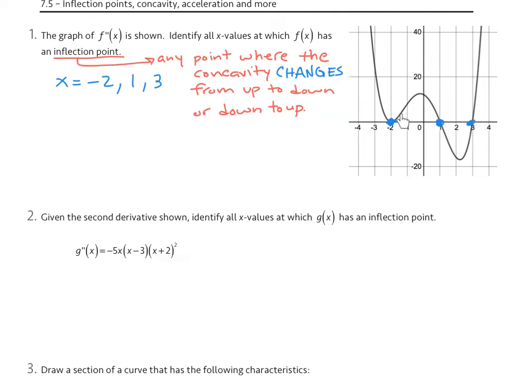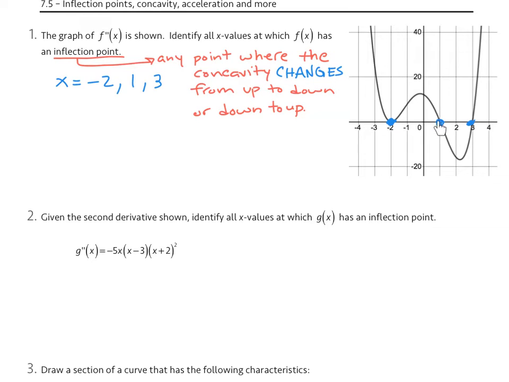And then right here, the second derivative is positive, so the original function is concave up here. So the original function is concave up, and then no concavity for a moment, and then concave up again. So right here, the concavity of the function does not change.